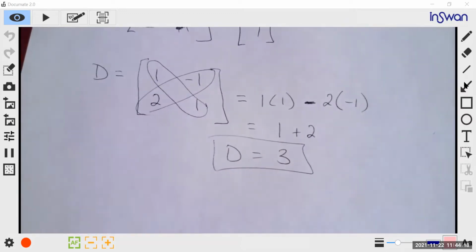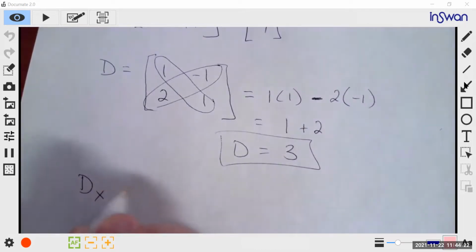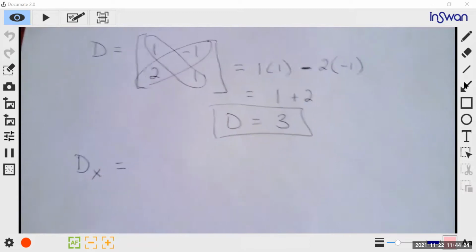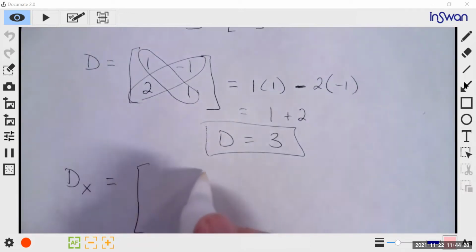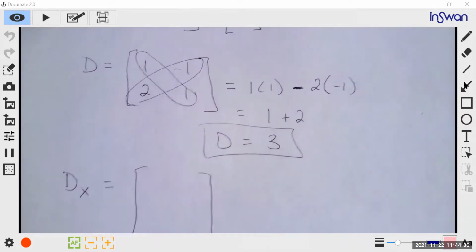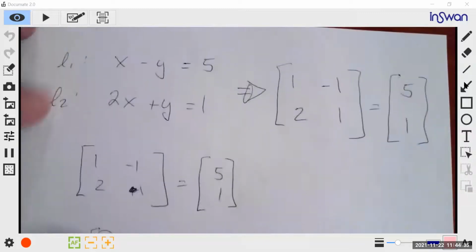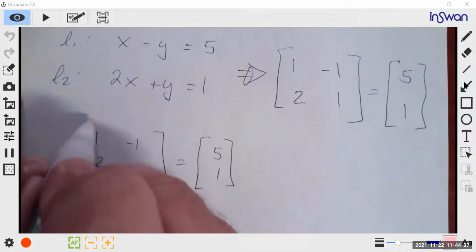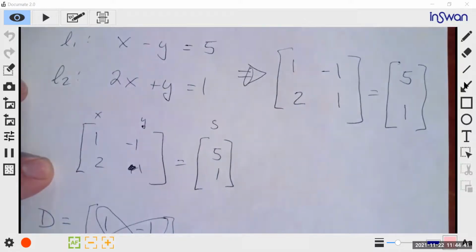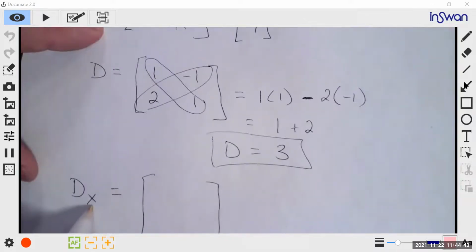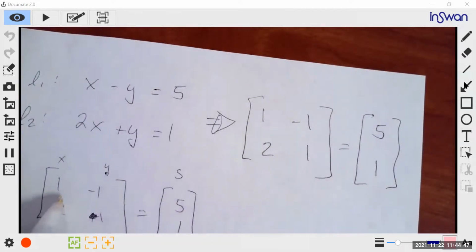But now we have to know what the x and y are. So the d sub x. Remember our original matrix. This is the x column, this is the y column, these are the solutions. Since I'm solving for d sub x, I take the answer column and put it in place of x.